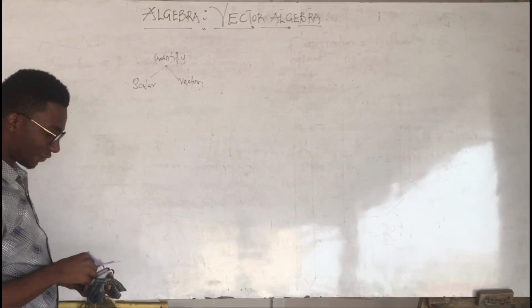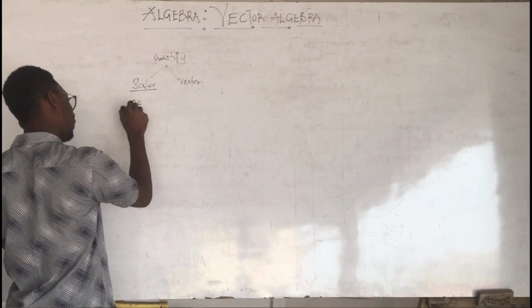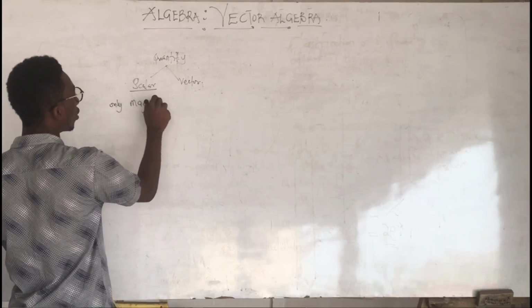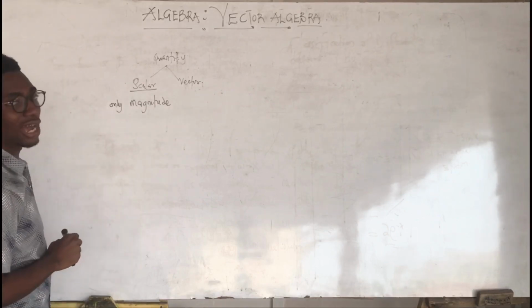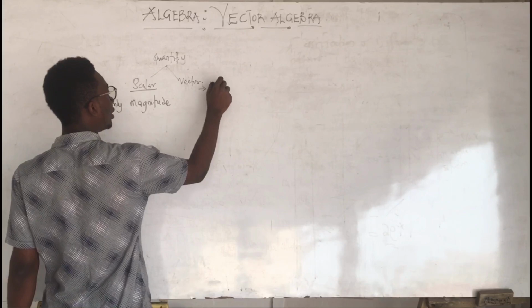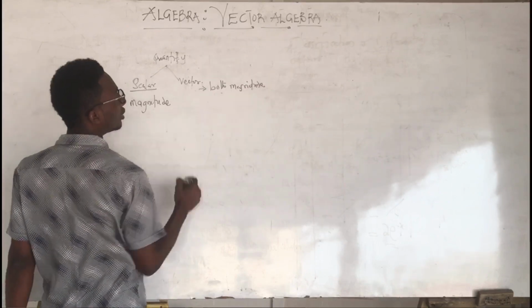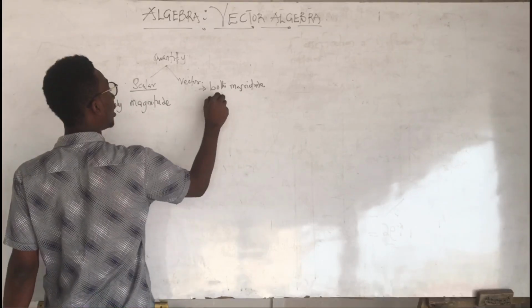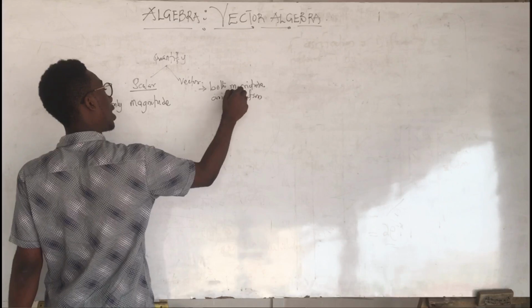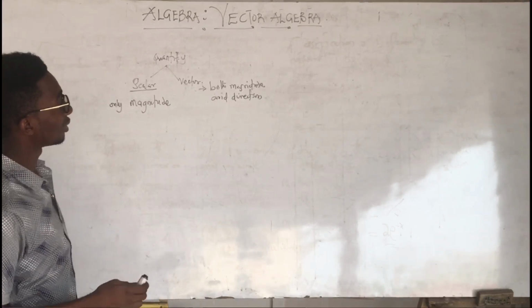The difference between the two is that scalar quantities have only magnitude, but vector quantities have both magnitude and direction.